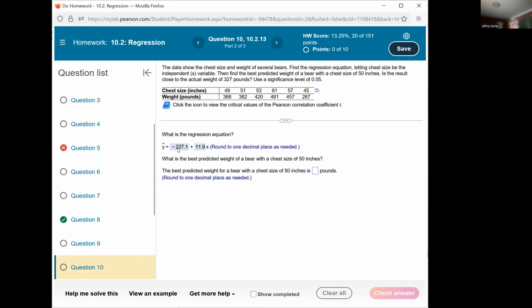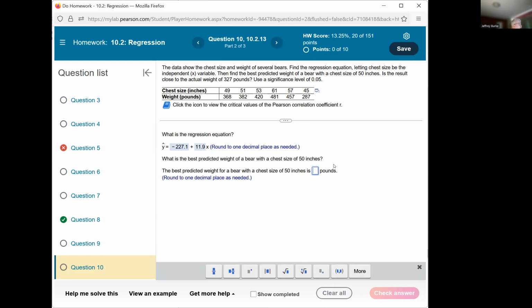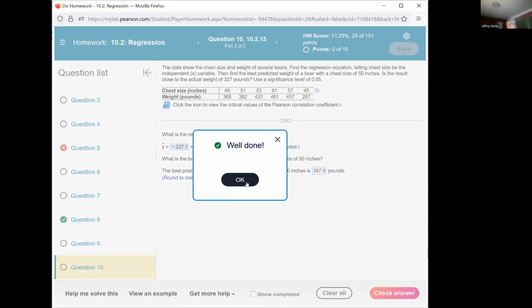And then we're going to subtract 227.1. And that's going to be 367.9 pounds. But round to the nearest one decimal. So 367.9. Check my answer. And there it is.